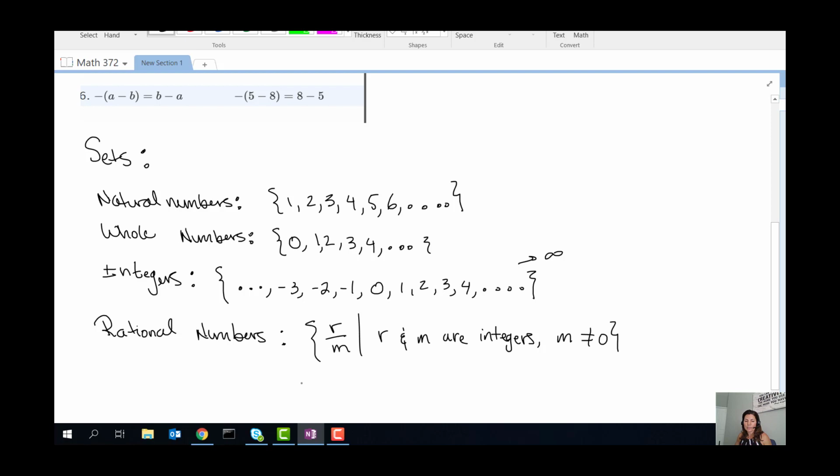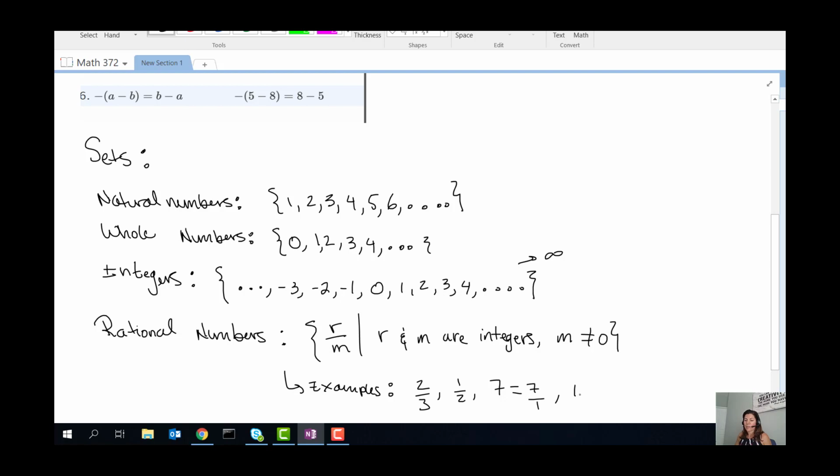So examples of rational numbers: anything that can be written as a fraction, right? So 2/3 is a rational number, 1/2. 7 is a rational number. Why is 7 a rational number? It can be written as a fraction, right? This is 7 over 1.